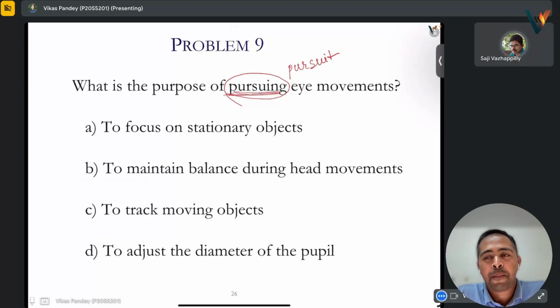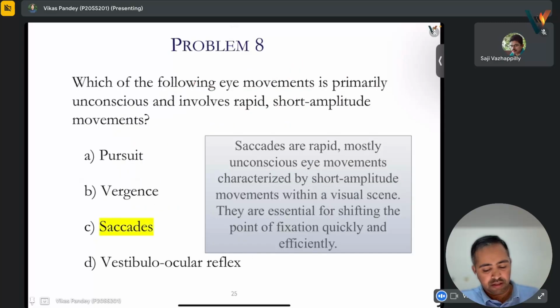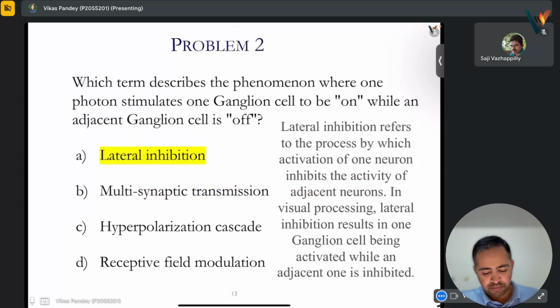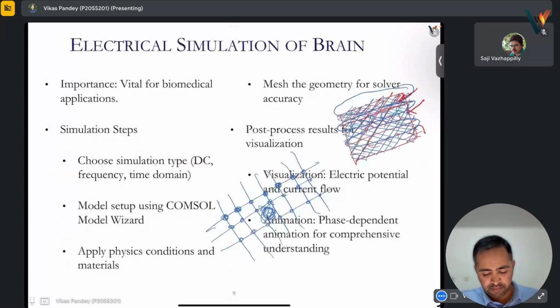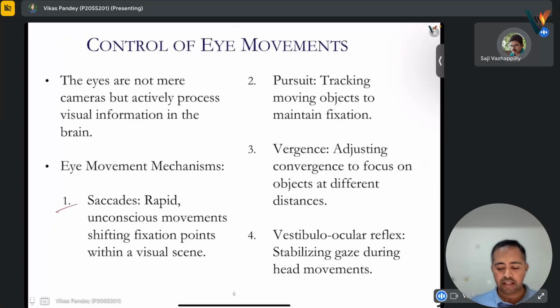There are four types of eye movement: saccades, pursuit, vergence, and vestibulo-ocular reflex. Saccades are rapid unconscious movements. Pursuit is to track moving objects and maintain fixation.